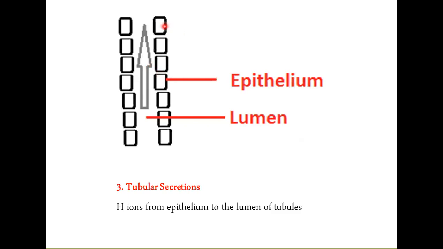In this diagram, you can see this is part of the renal tubule. Enlarged view है, थोड़ा सा बड़ा करके दिखाया है. These are epithelial cells which form the wall of the tubule, and this is the lumen of the tubule.